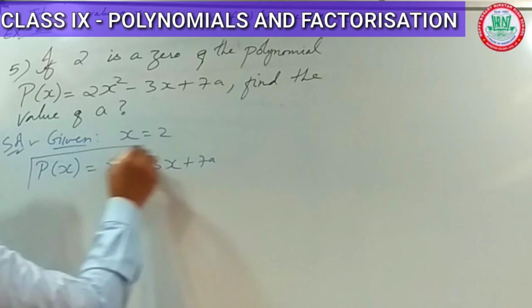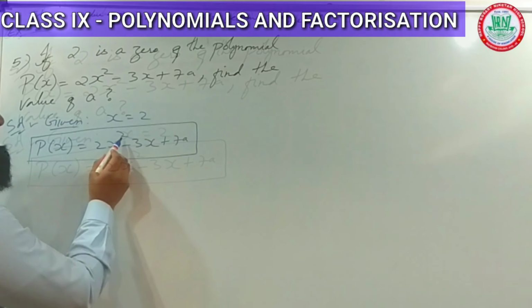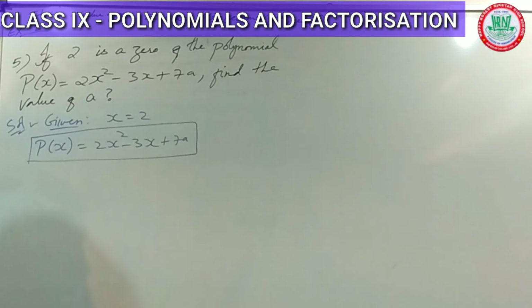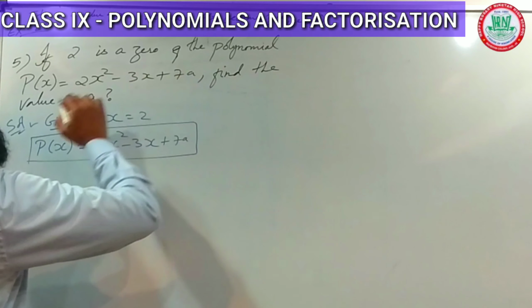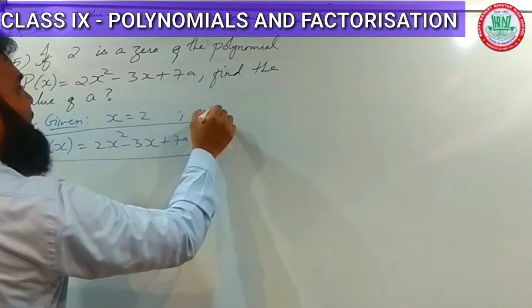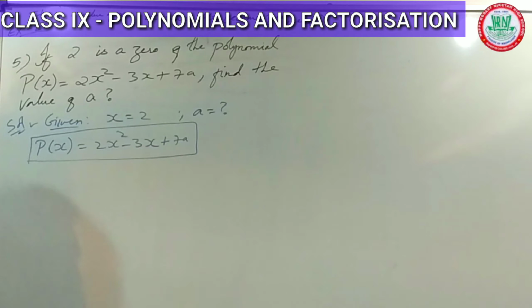This is the polynomial given in the question. The degree is 2, so it is a quadratic polynomial. Now, what we need to find is the value of a. A equals question mark.